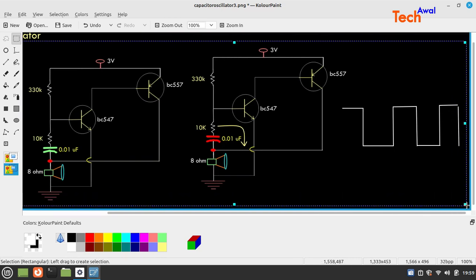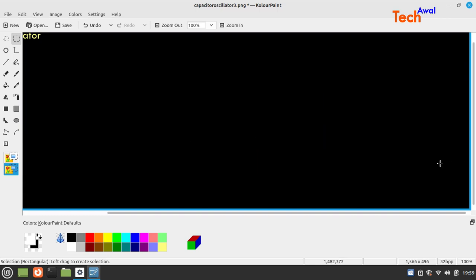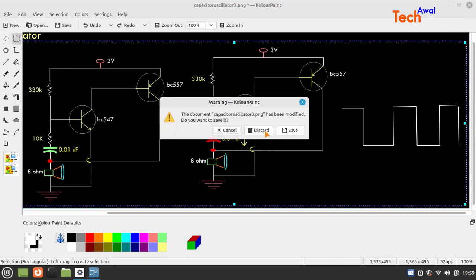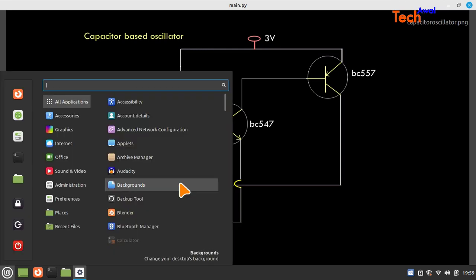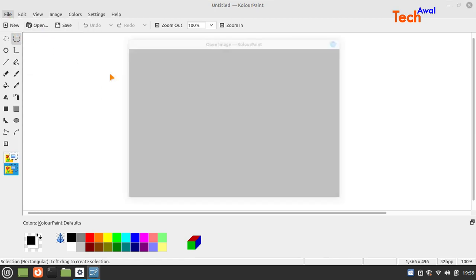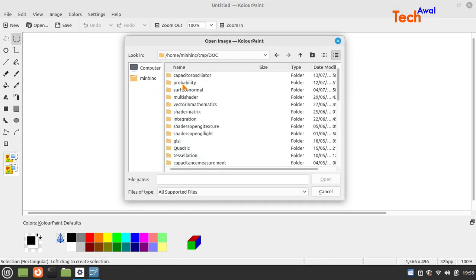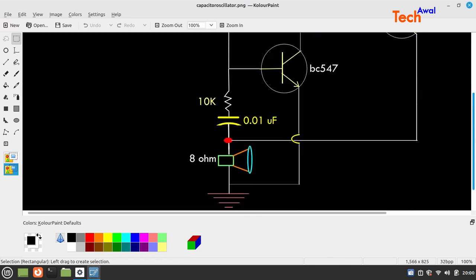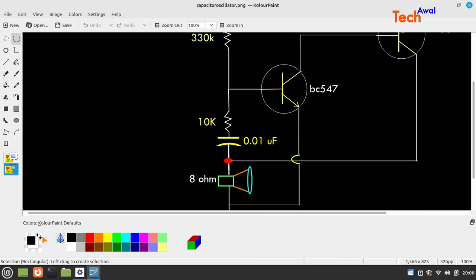Okay, so now we understood that the capacitor is behaving like a variable resistance. In the lab session, I have taken 1 microfarad, so it won't be that high speed tick tick tick.